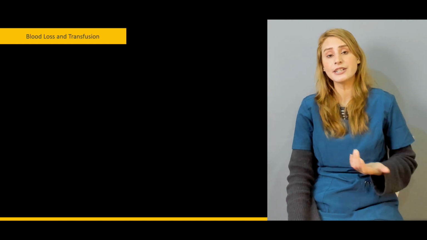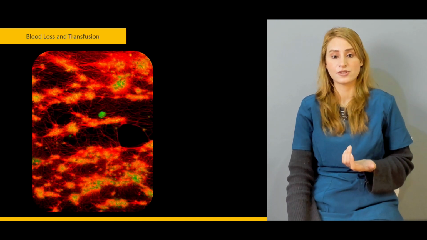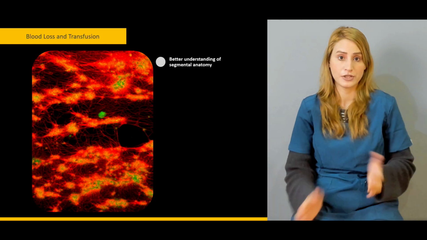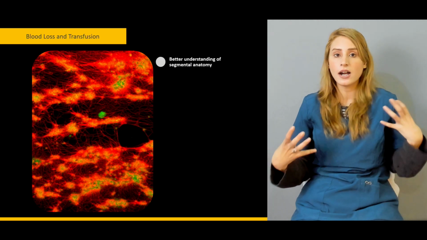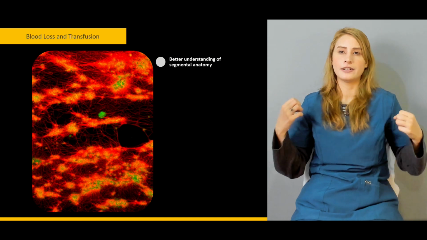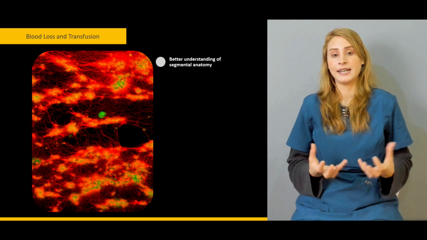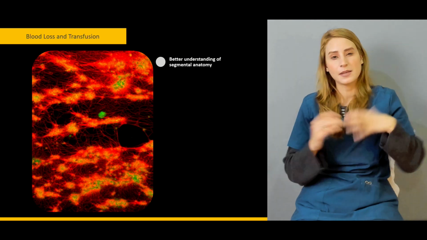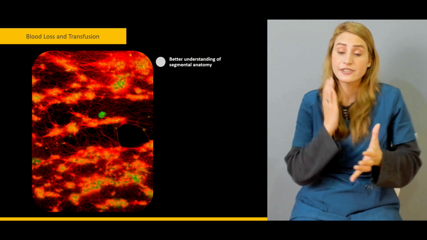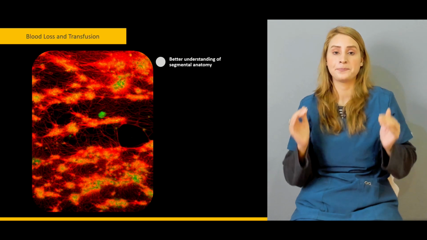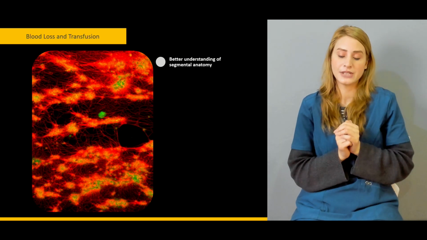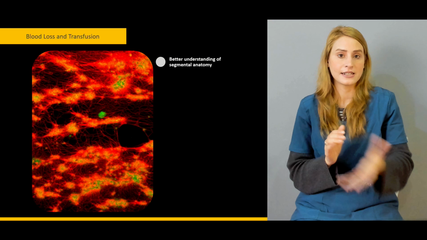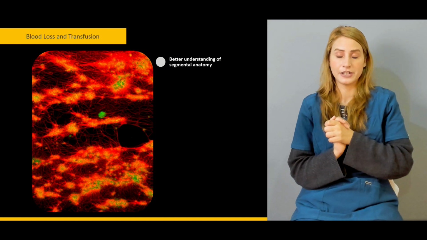Now, how would you control the blood loss and transfusion? This becomes very important, because if you are dissecting in avascular planes, it's least likely that the liver would bleed massively, right?